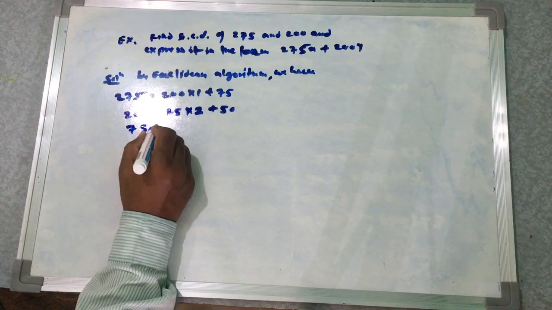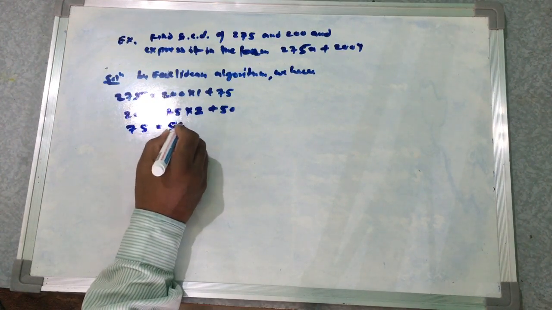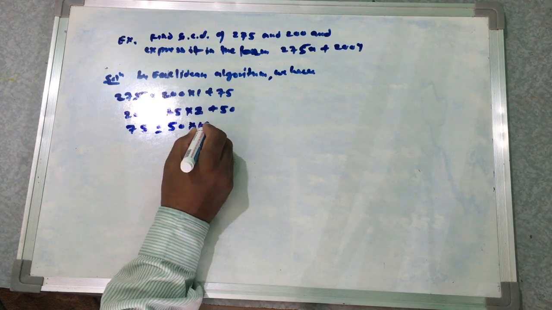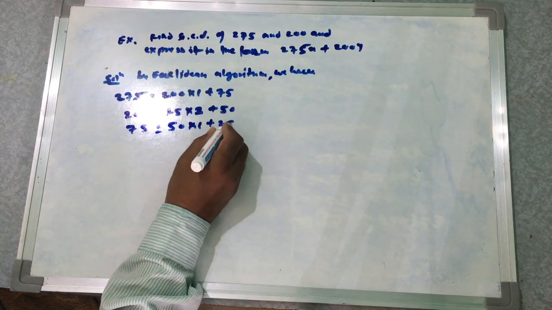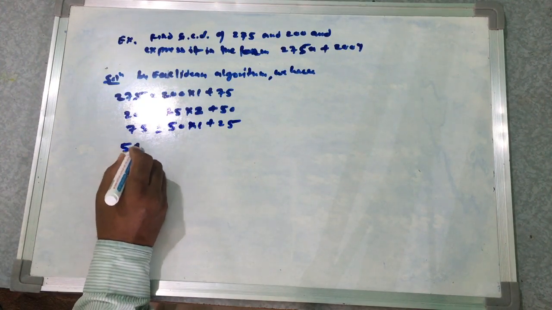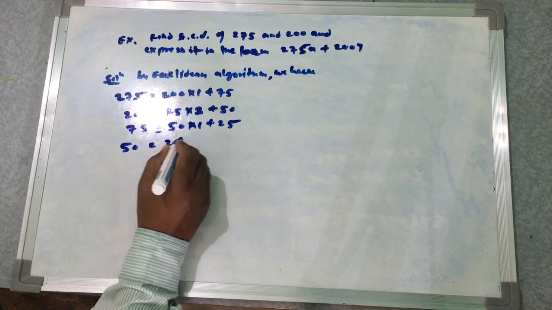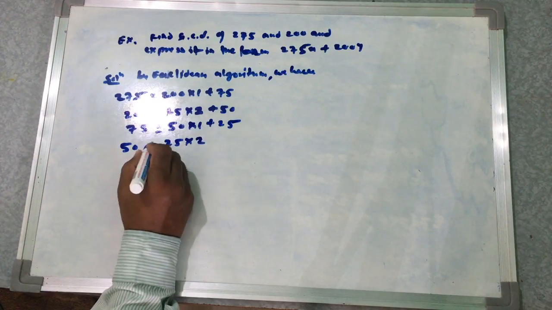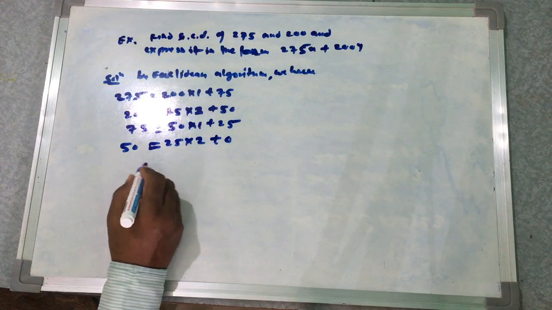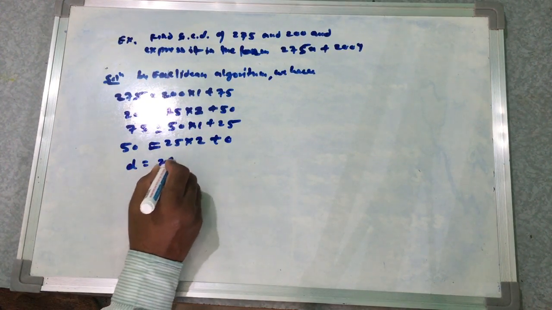Then 75 is 50 into 1 plus 25. Then 50 is 25 into 2 plus 0. So this D is equal to 25.